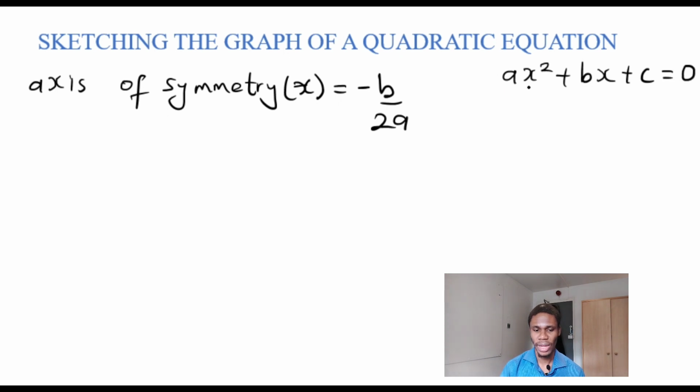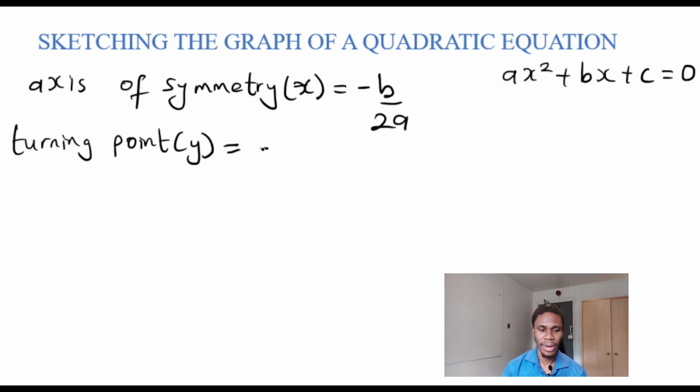So this is where the a and the b and the c come from. Now you need a turning point, which is y. So turning point y, which is given by the formula minus into brackets b squared minus 4ac divided by 4a.